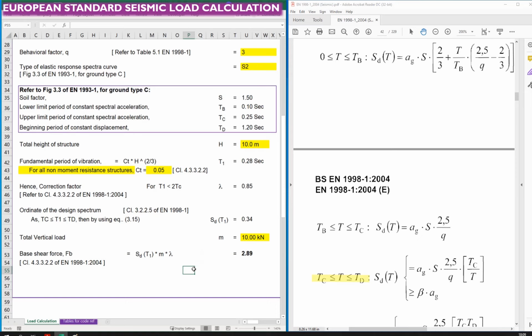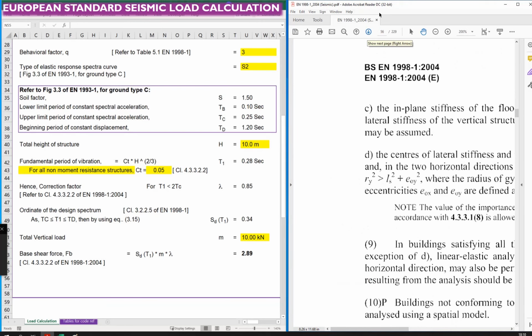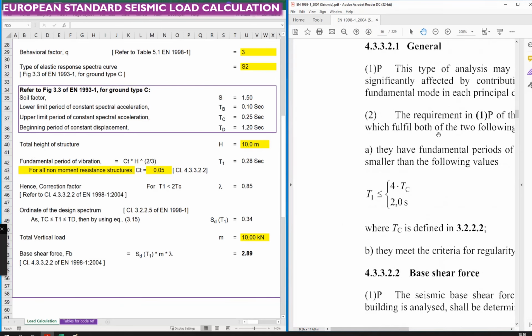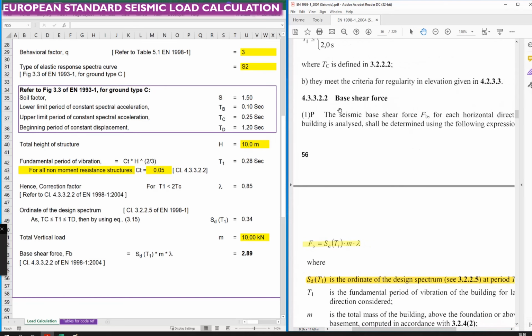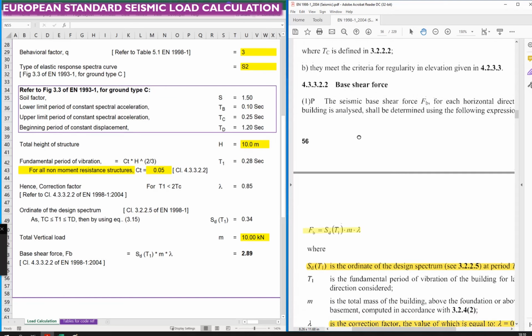Then finally, in the last line item, the base shear force Fb. For that we need to refer to clause 4.3.3.2.2, page numbers 56 and 57. Here is the base shear force.